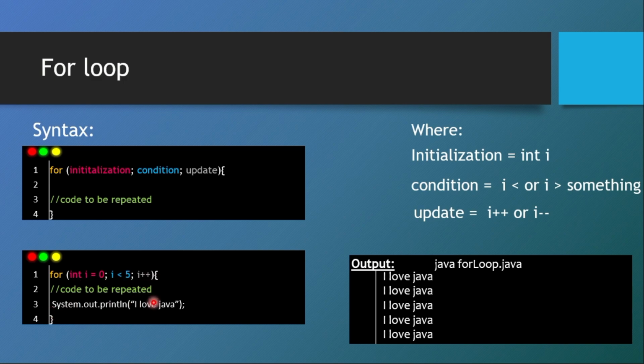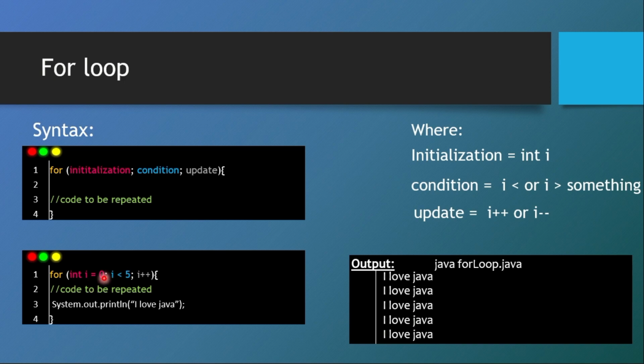So if this line is incremented like so, we'll have our first iteration, I love Java, and then this i will be incremented, i will be equal to 1. And then i being 1, we'll have another print here, and then this will increment i to 2. And then increment i to 3, and then increment i to 4, which is there.